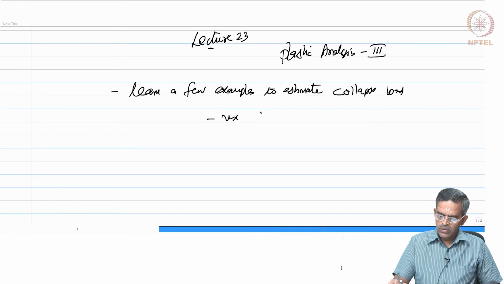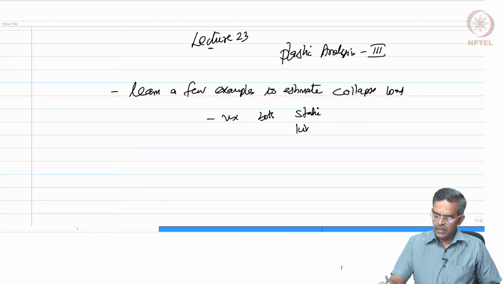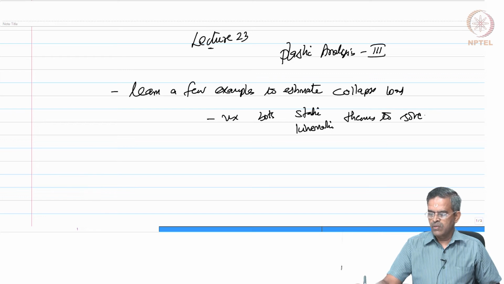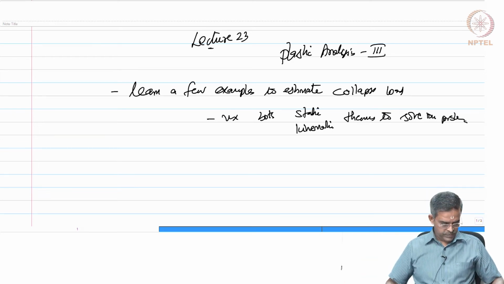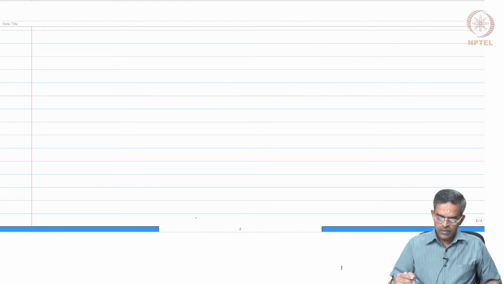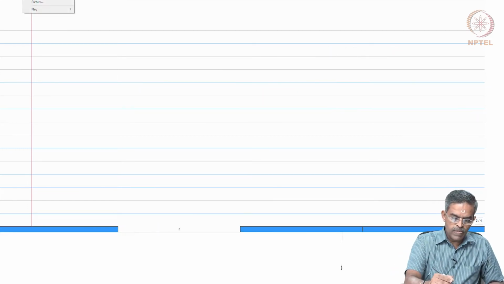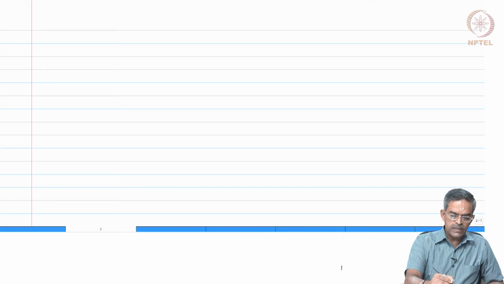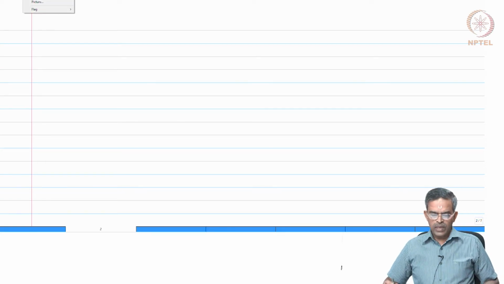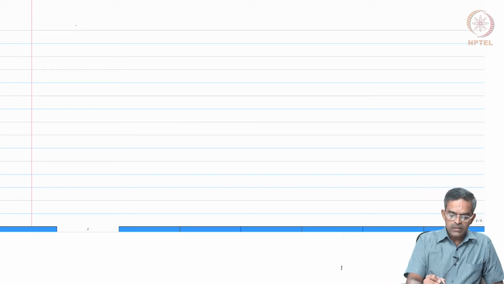We will use both the static theorem and the kinematic theorem to solve the problems. Okay? We will start with simple examples and see how we can understand these theorem applications. Okay? So, example 1.